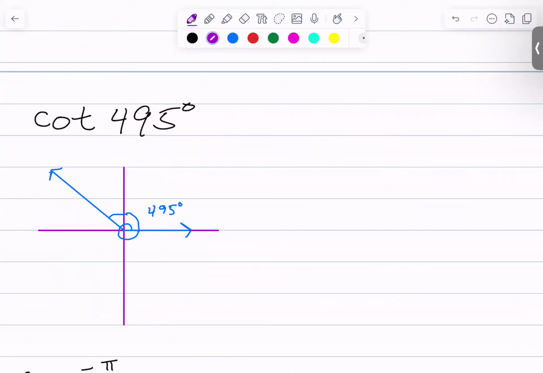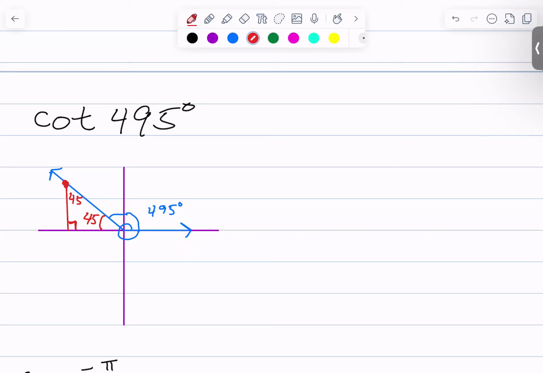So I pick a point along my terminal side, drop that down to my x-axis, the perpendicular distance. So if that's 495, what is this angle here? 45? So that has to be 45 as well.